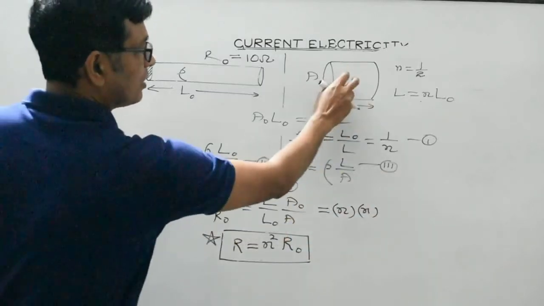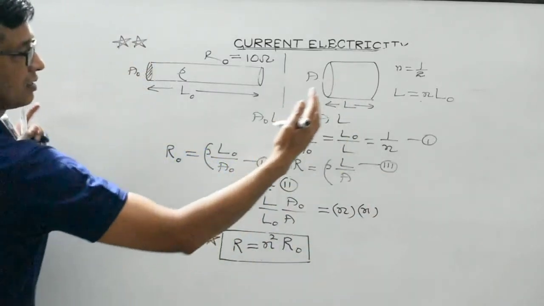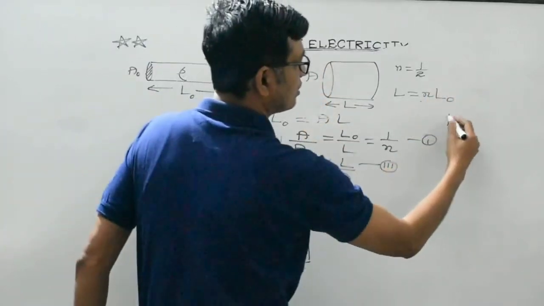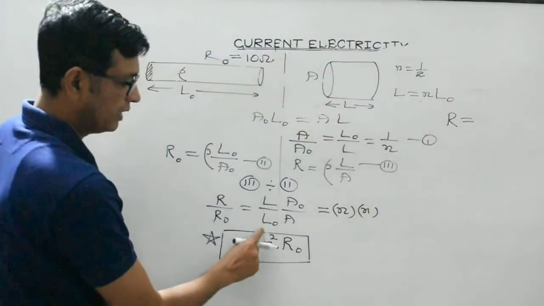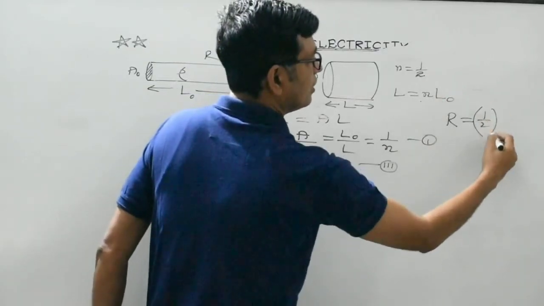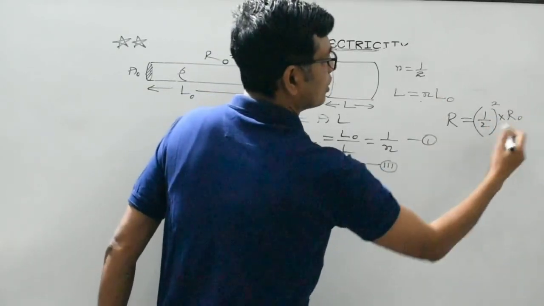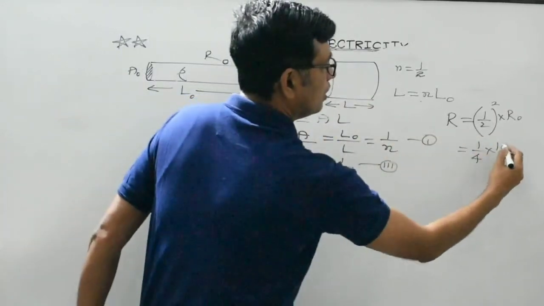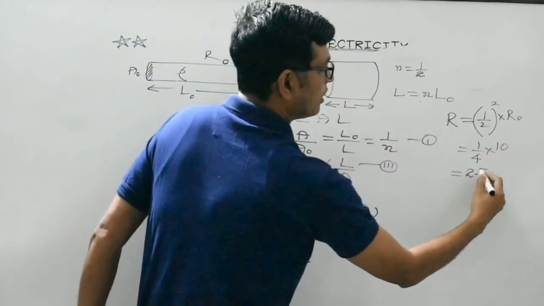So coming back to this question, if it is compressed to half its original length, what will be the new resistance? The new resistance would be N square R naught. N over here is half, so N square is 1 by 4, and original resistance is 10 ohm. So it will give us 2.5 ohm.